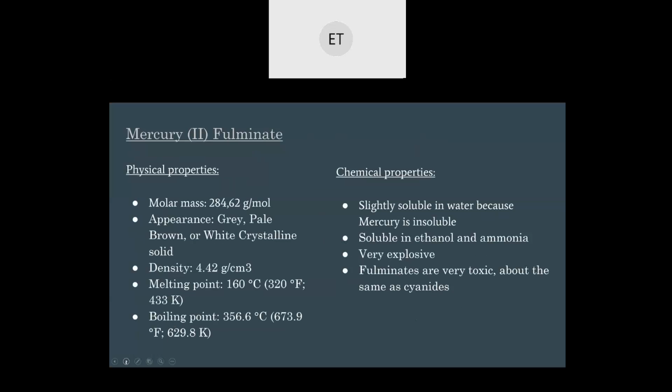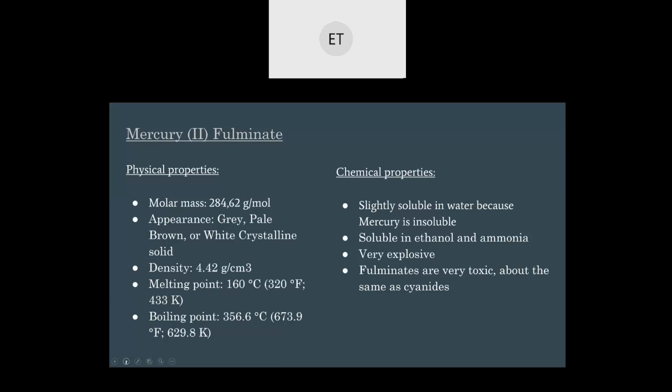So for fulminate, some of the physical properties it has is that its molar mass is going to be 284.62 grams per mole, and it's going to be a gray, pale brown, or white crystalline solid. Its density is 4.42 grams per centimeter cubed. Its melting point is going to be 160 degrees Celsius, and its boiling point is going to be 356.6 Celsius.